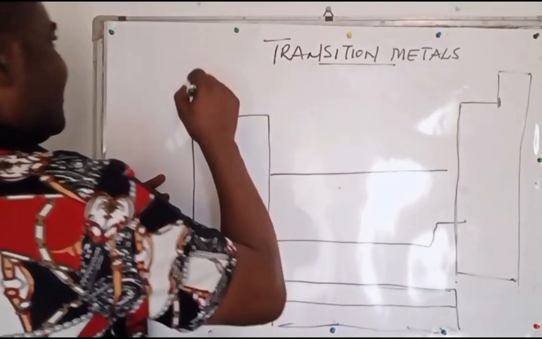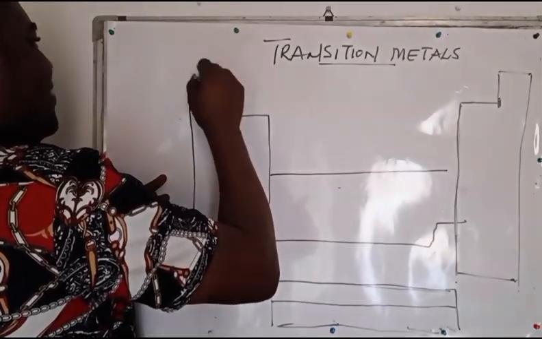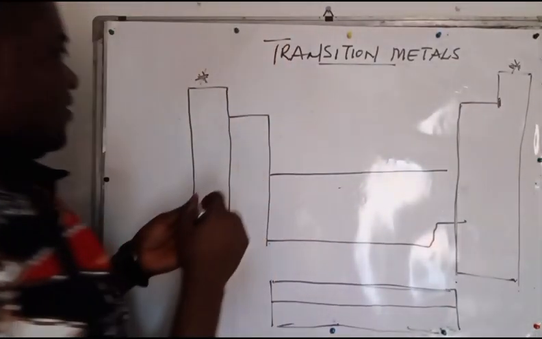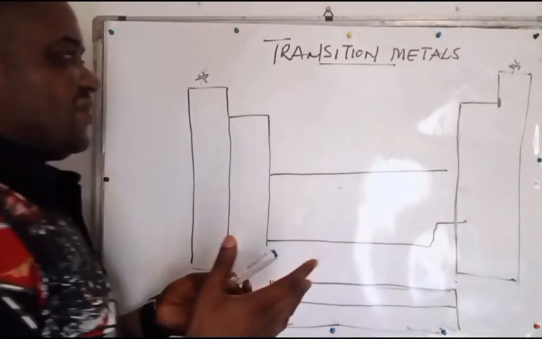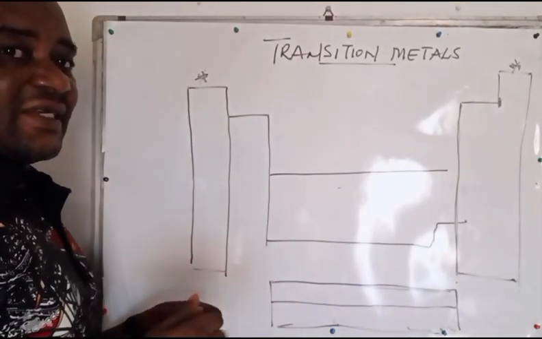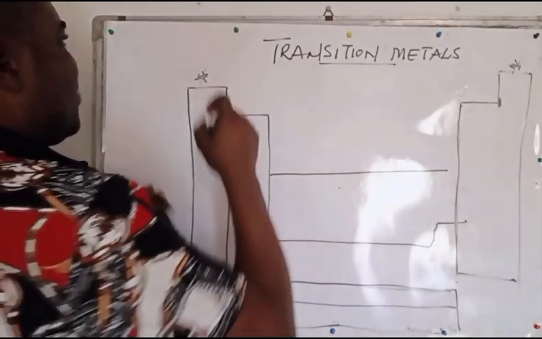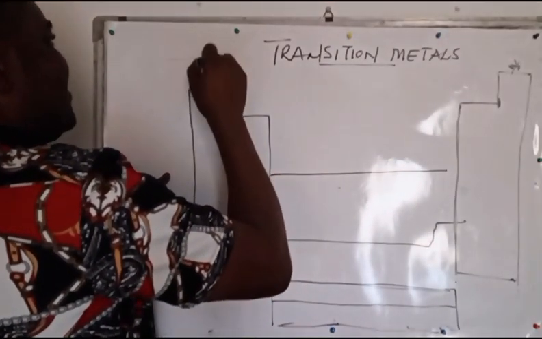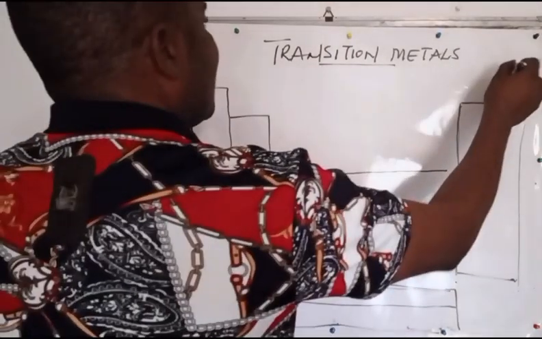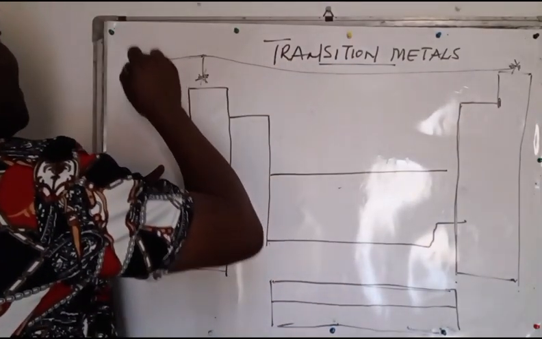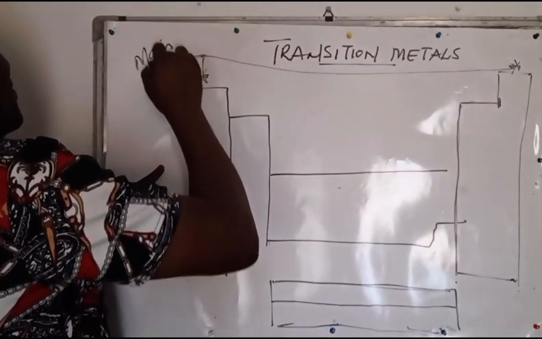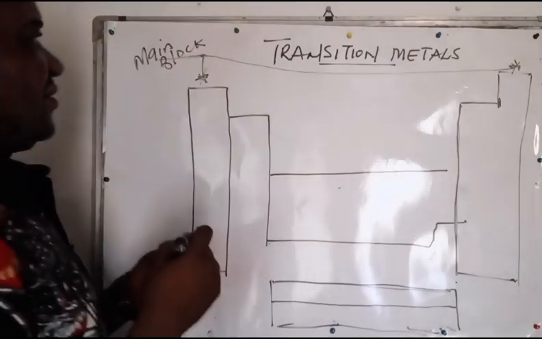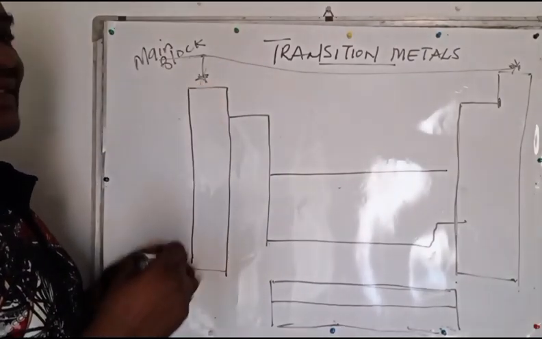Now, this block that we have here and this other block form the very first division of the periodic table. This is where you have the main block of the periodic table, the main block elements.